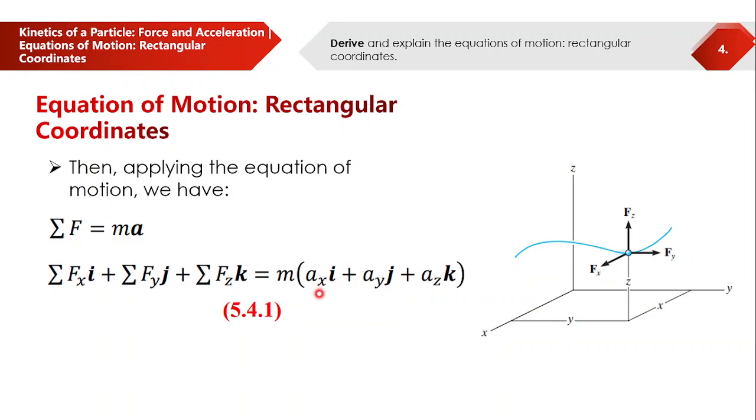So meron siyang acceleration along x times i plus acceleration along y times j plus acceleration along z axis times k. So that's how you say the equation of motion sa rectangular coordinates.